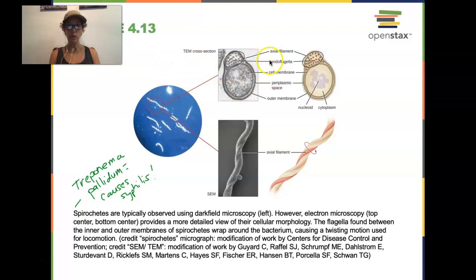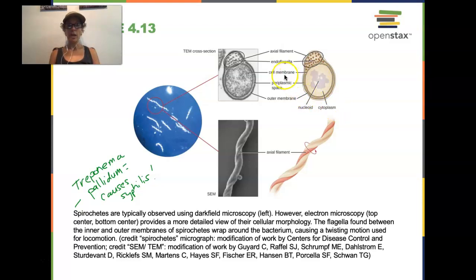When you cross-section them, you can see these little endoflagella. So they have flagella, but they are not attached to the outside of the cell. They are within the cell membrane, and they have that nucleoid, so they don't have a nucleus. There is no membrane surrounding that. That is just where their DNA is sitting, and they've got the cytoplasm.